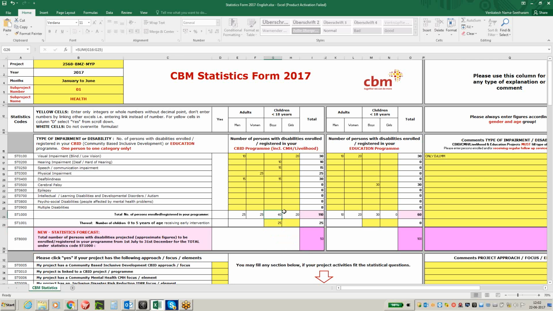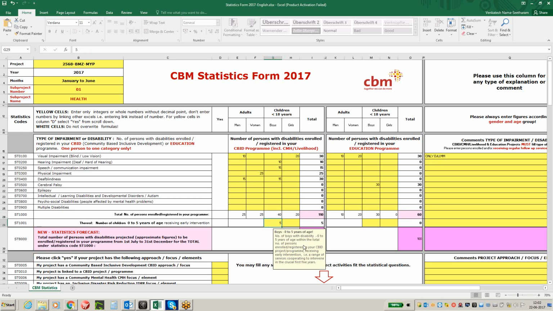For example, 40 boys are in the project who are enrolled for CBID. Out of these 40, how many are between 0 and 5 who are receiving early intervention? Out of these 40 boys, there might be 25 boys or only 5 boys.